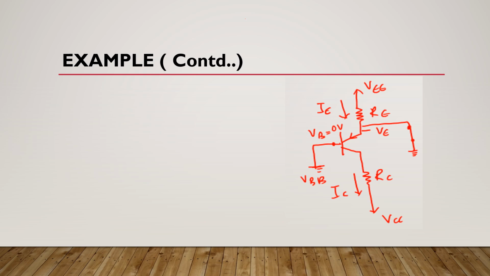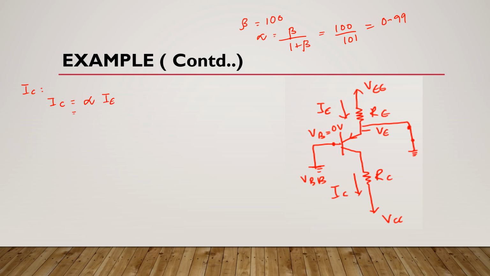Now for suppose here beta is 100, it means alpha is equal to beta divided by 1 plus beta, which is equal to 100 divided by 101, and if you solve this you will get 0.99. Now we will find collector current IC. We know that IC is equal to alpha IE.